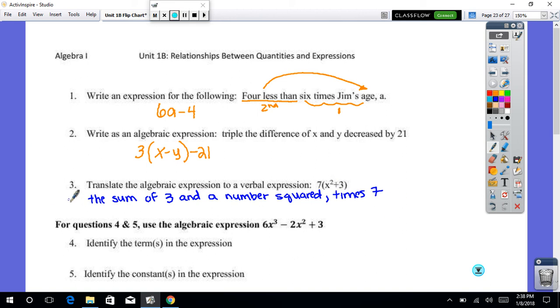That's one way to put it. Or you could say 7 times the sum of 3 and a number squared. Either one is perfectly acceptable.